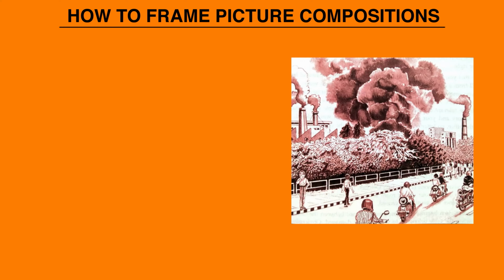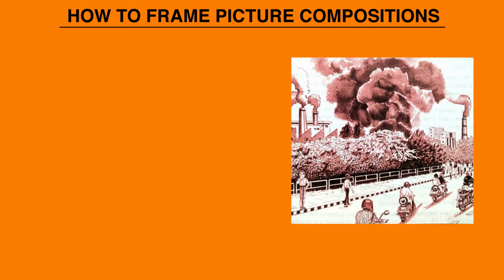There's a group of people standing at the extreme right of the picture, near the pavement. There's also a man standing towards the left. And it seems like he is holding a handkerchief to his nose.